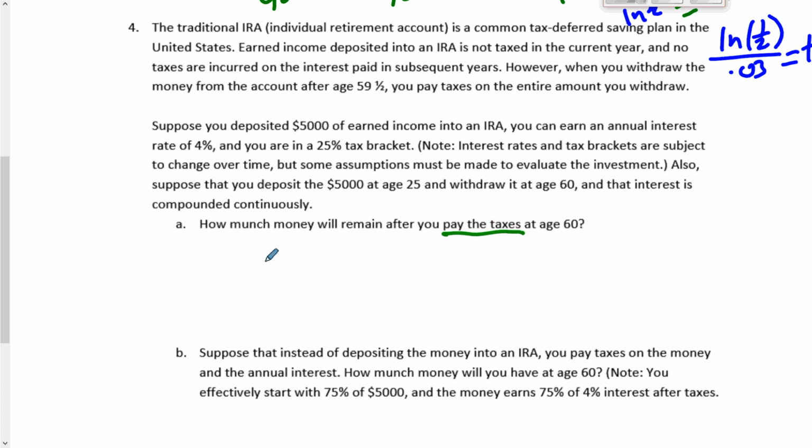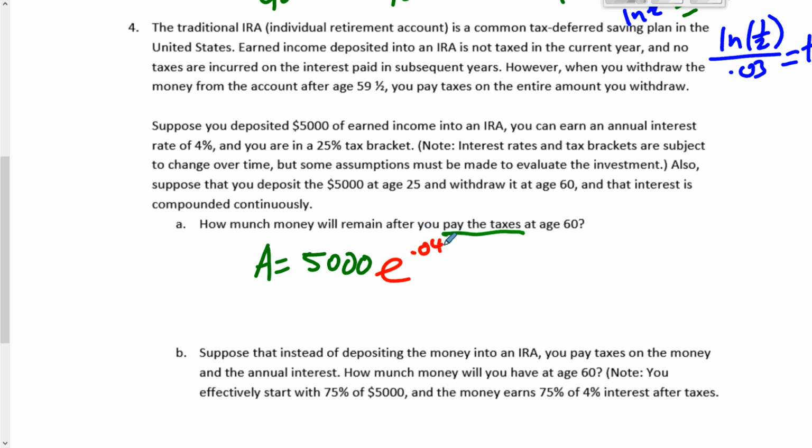Okay, so we'll invest $5,000 at 25. And it is continual annual interest of 4%, and we're investing $5,000. You're going to use e, because this is exponential growth.